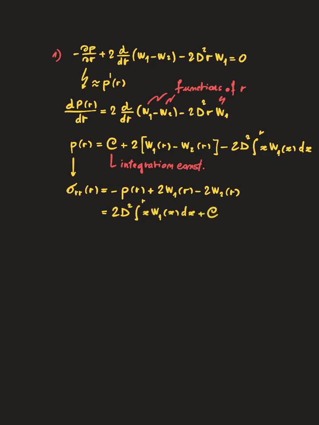Okay, so essentially now we need only to compute the C, and to compute C, we essentially need to fix a boundary condition because, for example, so far we didn't say anywhere that we're not squeezing laterally the cylinder. In other words, if you take into consideration the cylinder, so if this is the cylinder, the sigma RR component of the stress is the component that refers to this external mantle of the cylinder.